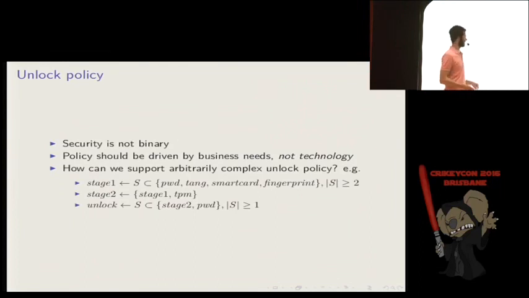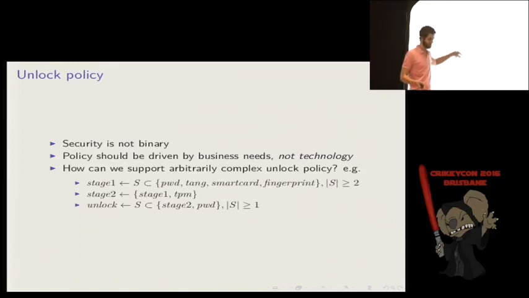Maybe we can derive a secret from that. And so we say out of this set of possible secret acquisition sources, we want 2 or more to unlock the secret.